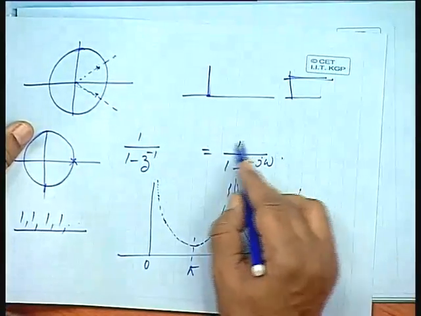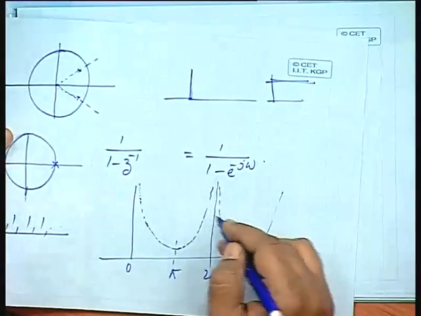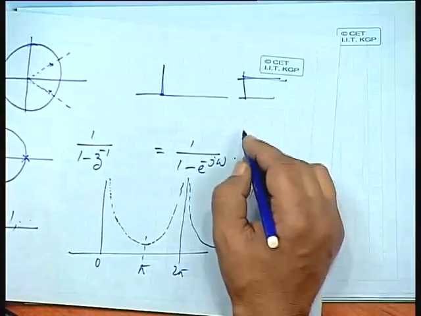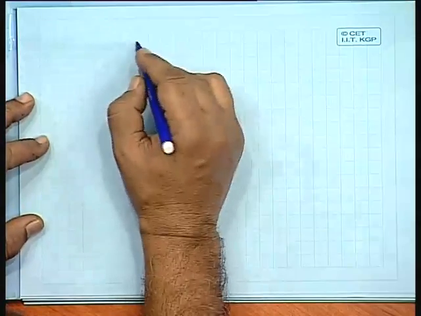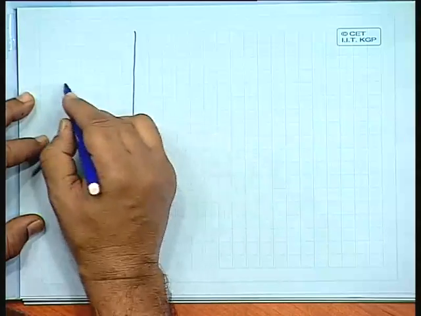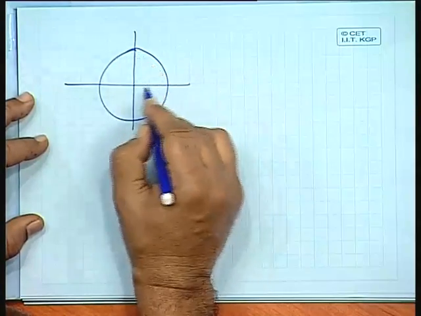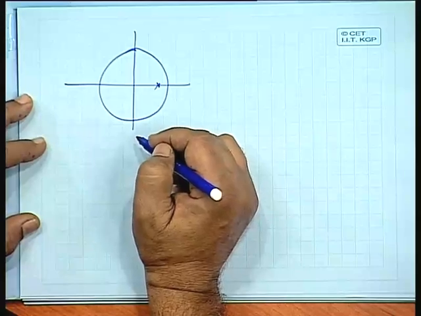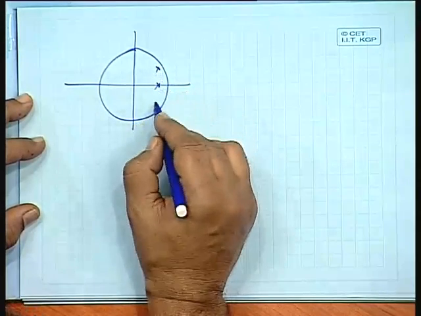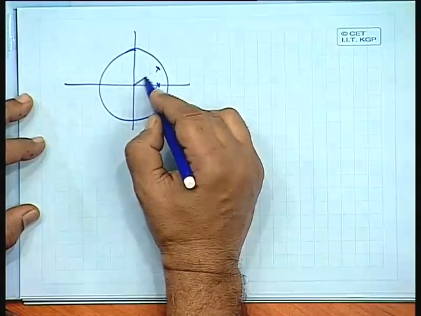So, 1 by 1 minus r e to the power minus jω, what will its characteristic be like? If I have a pole on the positive real axis inside the unit circle, somewhere here, that we have seen.